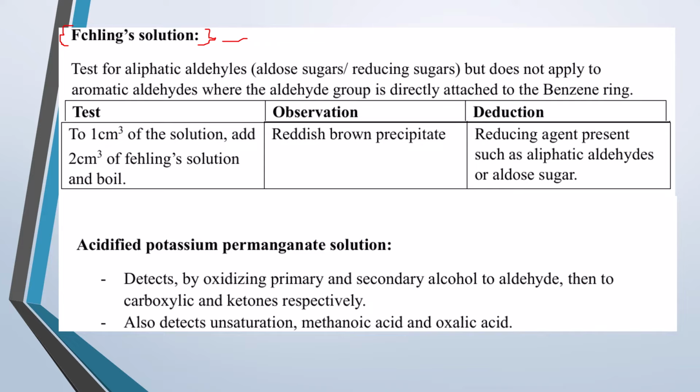For benzaldehyde, which is a benzene ring attached to an aldo group, you can separate benzaldehyde from other aldehydes using Fehling solution, because Fehling solution does not give any observable change with benzaldehyde, but it's going to give observable changes with other aldehydes.